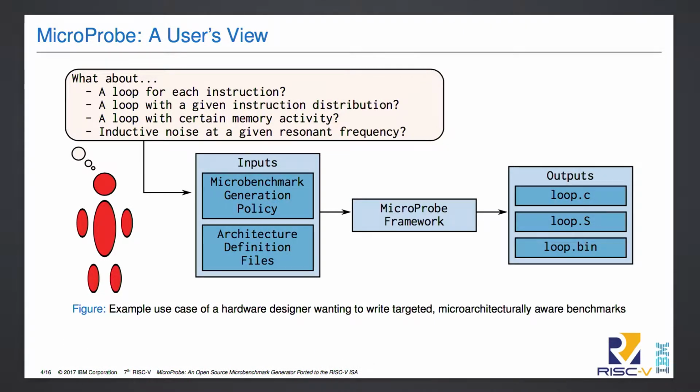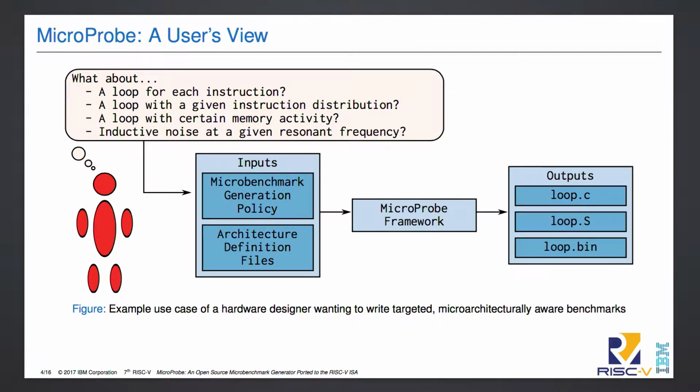It's easier to walk through this with a user story. You have a designer here, with the caricature on the left, and they're saying that I would like to be able to generate a micro benchmark that generates a loop for each instruction. Okay, that's relatively easy, but what about for a given instruction distribution? Okay, you could do that. What about with certain memory activity?